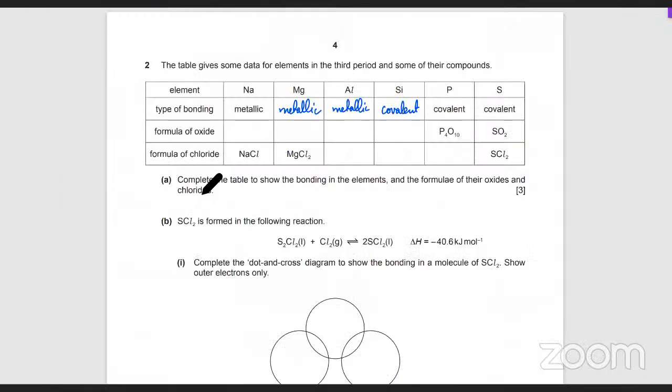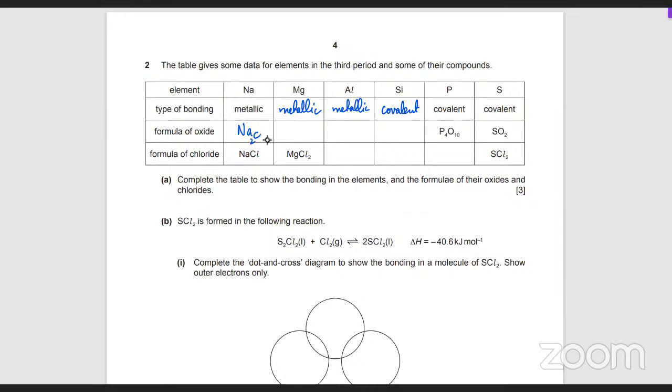Next part, formula of the oxide. Na is +1, तो क्या फॉर्मूला होगा? Na का क्या होगा? Manisha, answer this one. Na का क्या होगा? Formula.